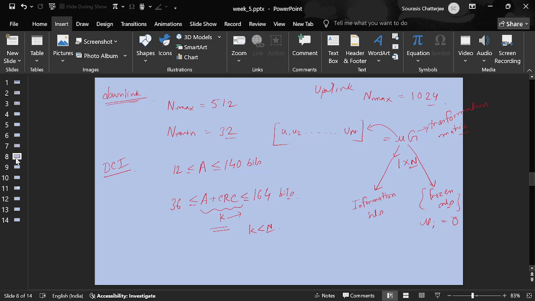Information, whatever we have grouped, contains those K bits only. And whatever is in frozen is completely zero. So is it like out of N bits, K bits are from information and the remaining are all zero? Yeah.